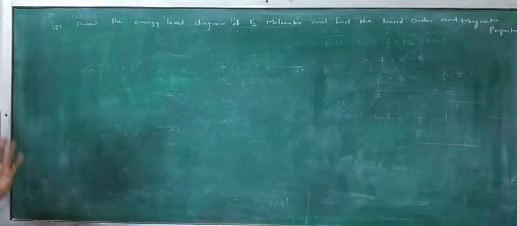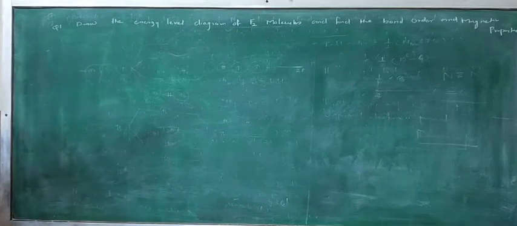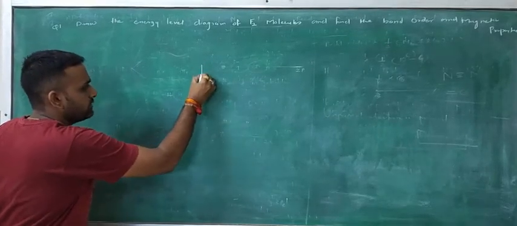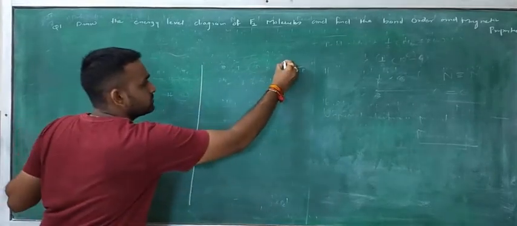Now whenever we write down the energy level diagram of O2, the first thing we have to remember is that sigma 2pz comes first. So first of all, draw the energy level diagram this way.